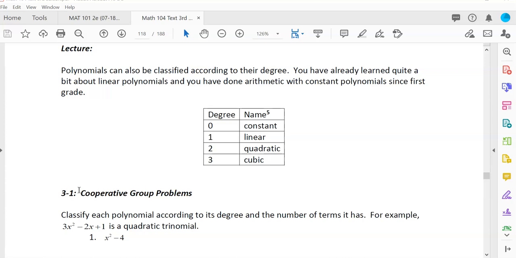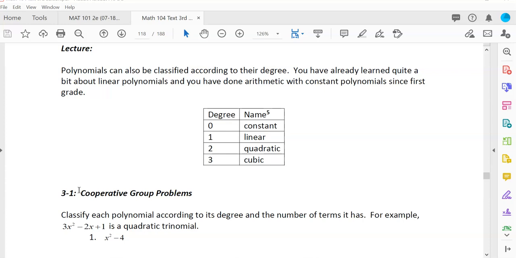In this part of lesson 3.1, we're going to classify polynomials by their degree and the number of terms they have simultaneously. We've already classified by the number of terms: the monomial, binomial, trinomial, and other polynomial classification that we're talking about.